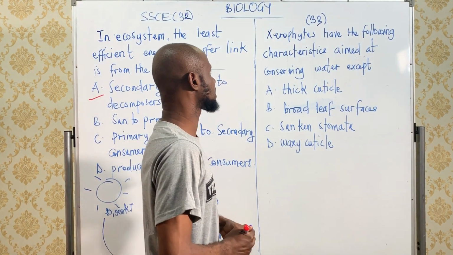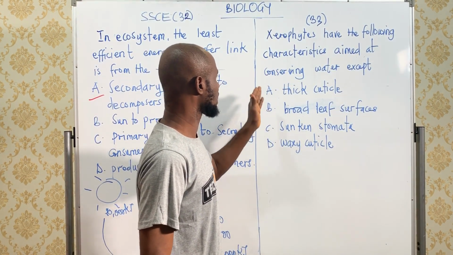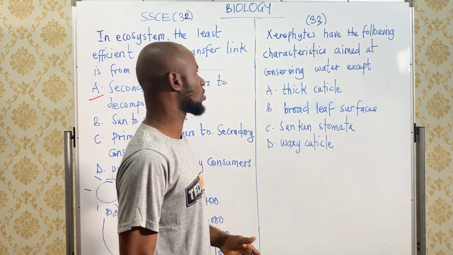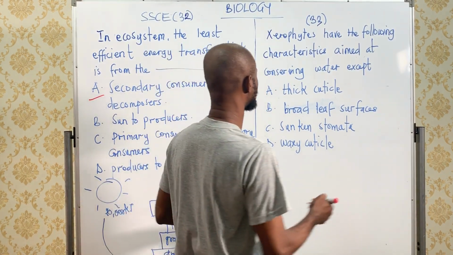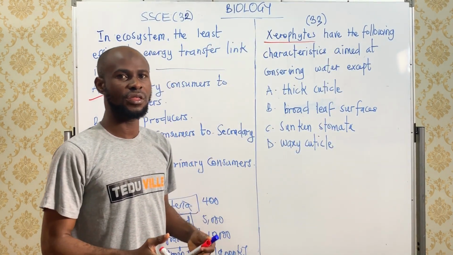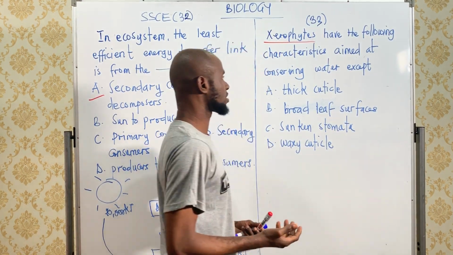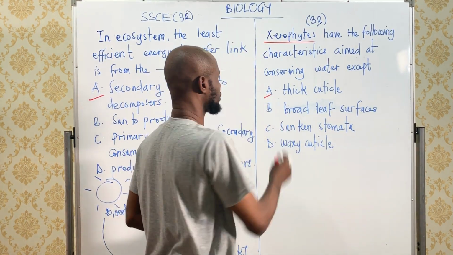Now, xerophytes have characteristics aimed at conserving water, except. Let's look at how xerophytes are able to conserve water. Xerophytes are plants that live in the deserts. So how do they conserve water? They conserve water by having a thick cuticle.